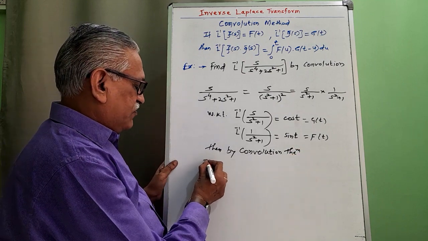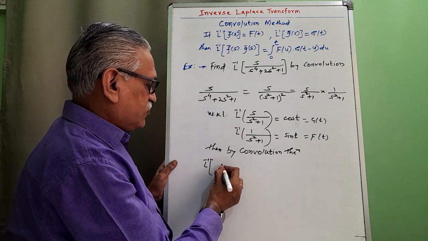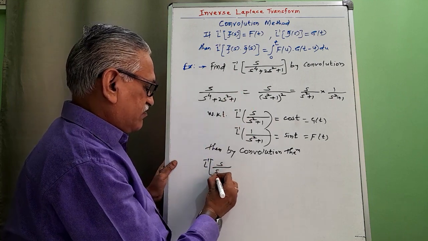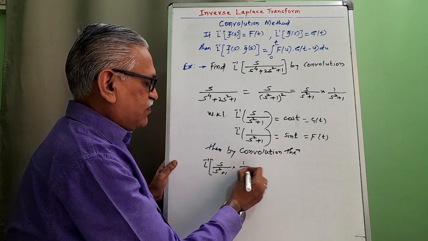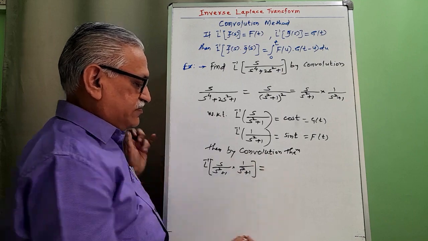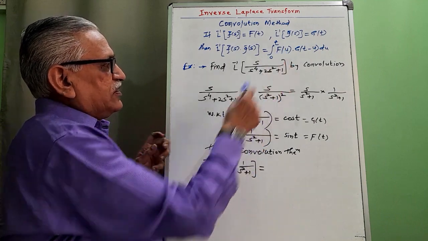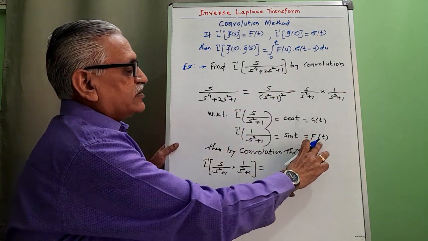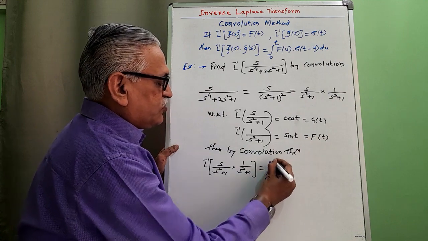Inverse Laplace of the product of those two terms, s upon s square plus 1 into 1 upon s square plus 1, applying this, replacing t by u, we get f of u, and therefore it is integration from 0 to t.